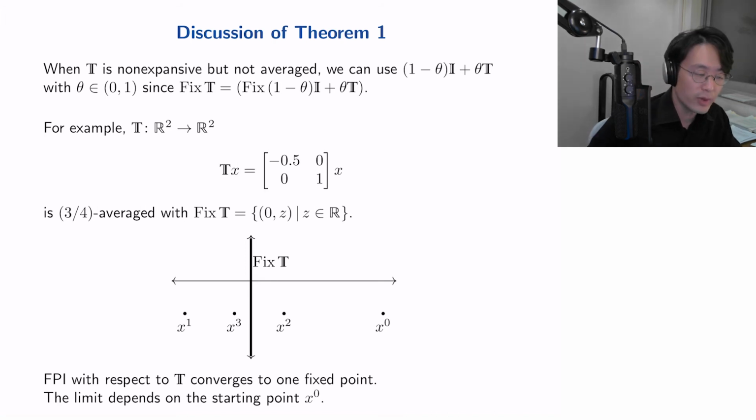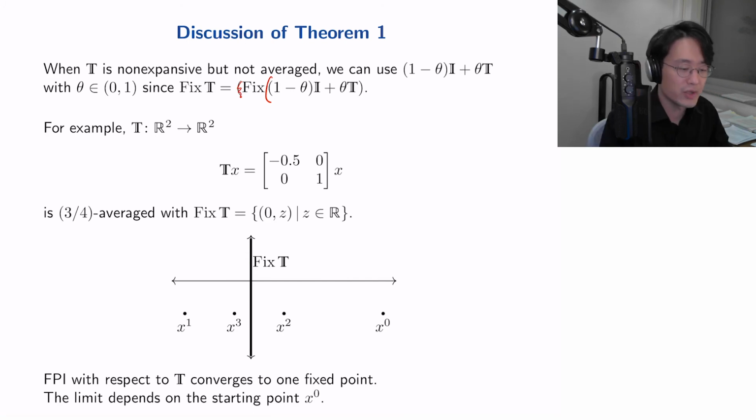If we are given an operator that is non-expansive but not necessarily averaged, then we can perform averaging ourselves. So given an operator T, we form this averaged operator ourselves with a particular value of theta that's chosen by ourselves, and then we can use the fixed point iteration with this operator, because the set of fixed points for the operator T is the same as the set of fixed points for this operator. So the parentheses should go here.